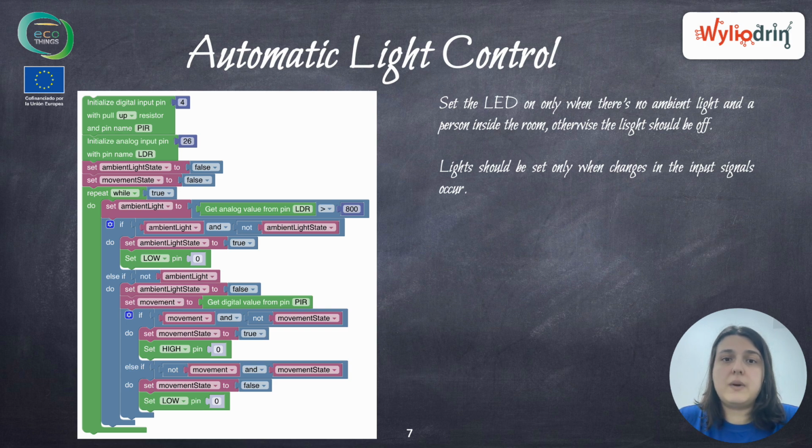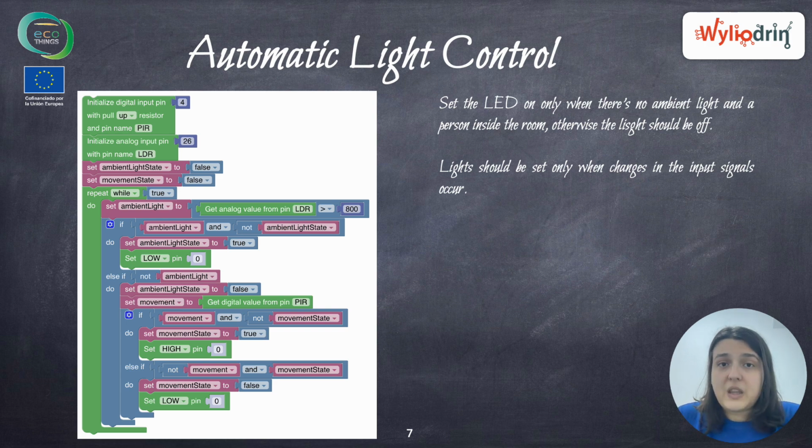And of course, we want to have a change in the status of the light only if there's a change in our state. We don't want to keep on setting the lights on no matter what, and we don't want to keep on setting the lights off no matter what. Only when a change in our state occurs, this is when we want to have the LED turned on or off. So basically, we would just want to change the state.